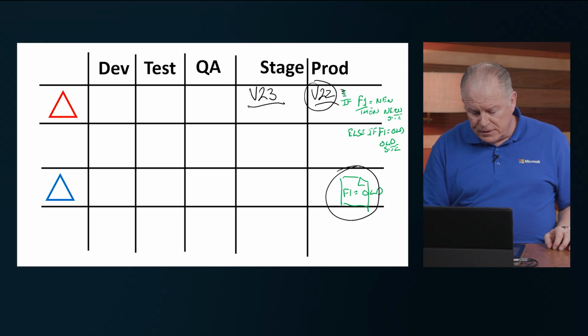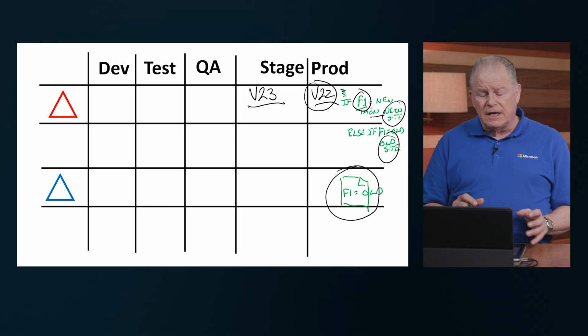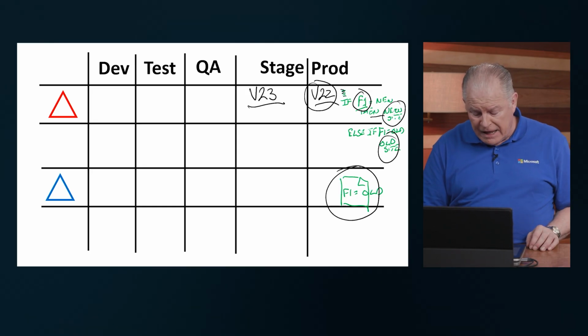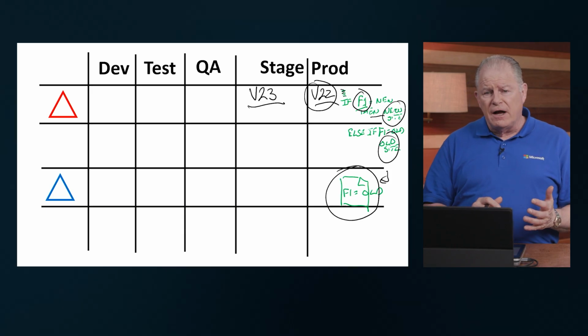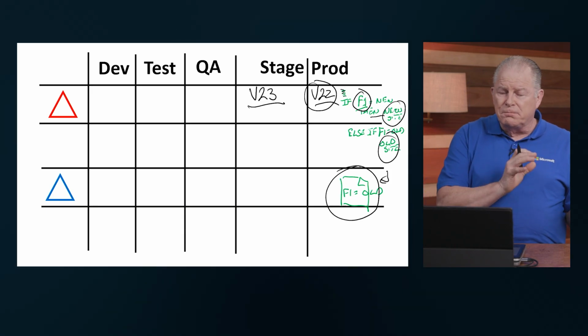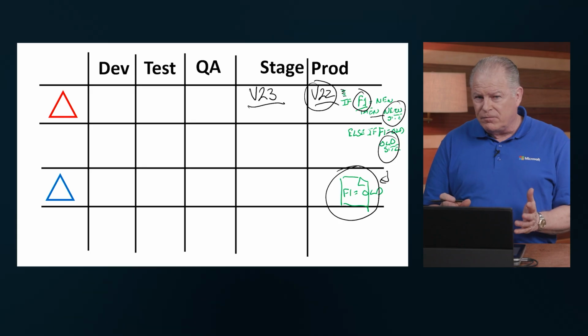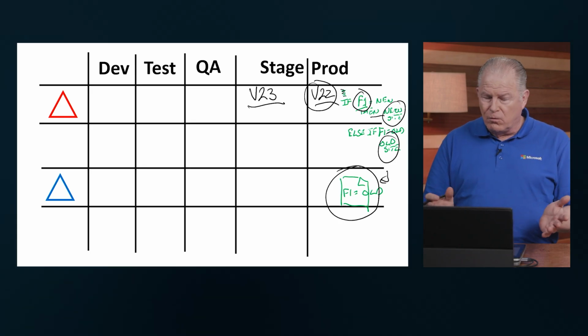Now, I've got an example here of feature flagging. So I'm saying if F1 equals new, then I'm going to run the new site. Else, if old, I'm going to run the old website. So I could actually have the flag in my config file set to old. I can deploy code to production running the old code because I know it works.